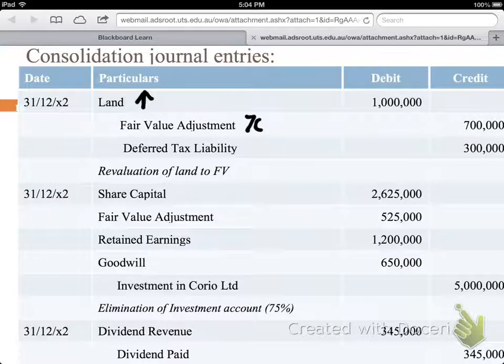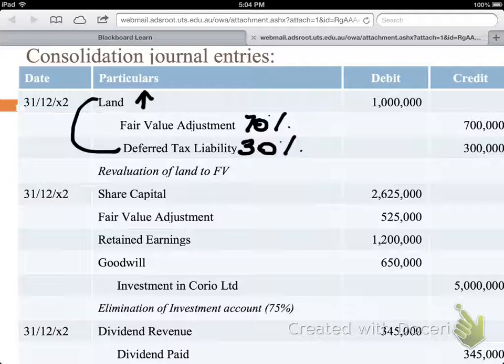Next, I transfer 70% of the increase to fair value adjustment, which is an equity account. That's why it's a credit. And I transfer the remaining 30% to the DTL account. Note, we have a DTL here because we have increased an asset. Every time you increase an asset, you have to do a balance sheet tax effect.